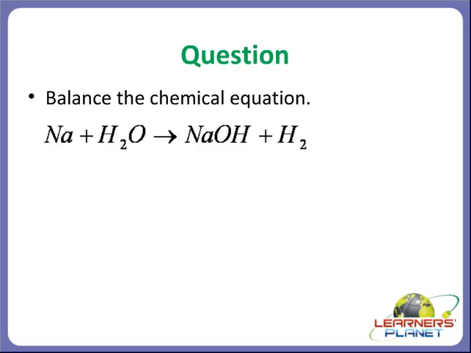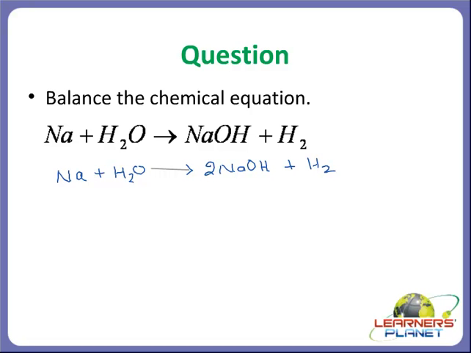Okay? So if I am just putting a coefficient like this, Na plus H2O gives what? It is giving NaOH. Right, children? So I am putting here 2 NaOH plus H2.